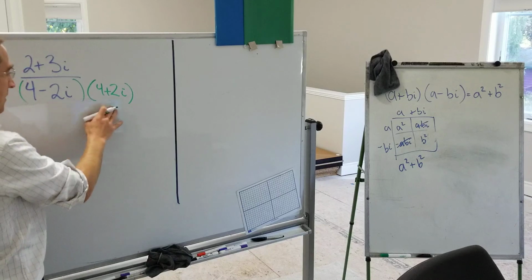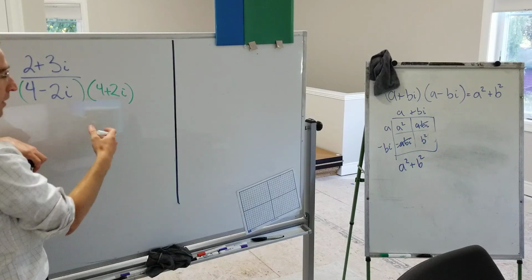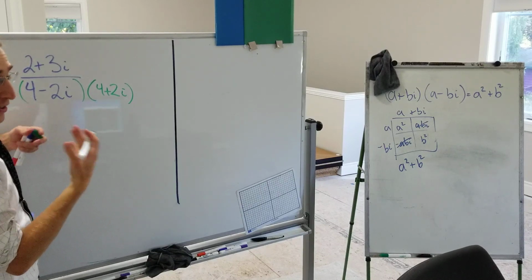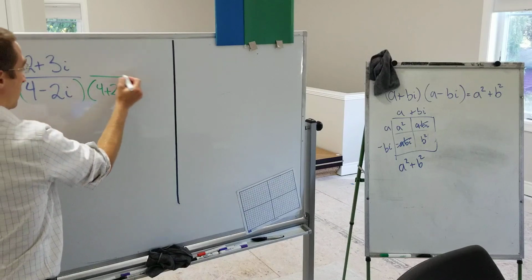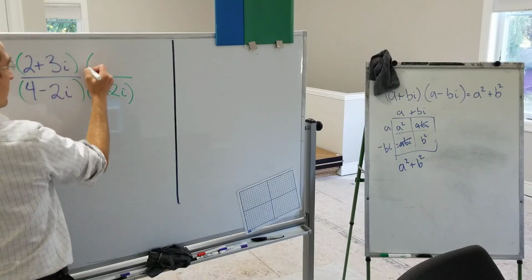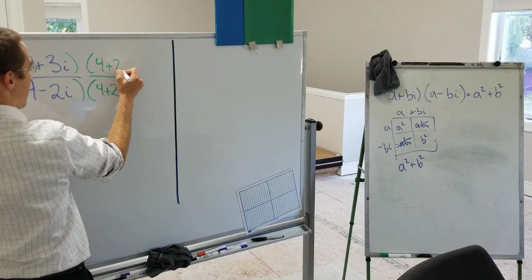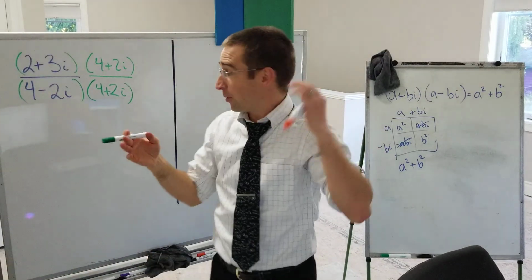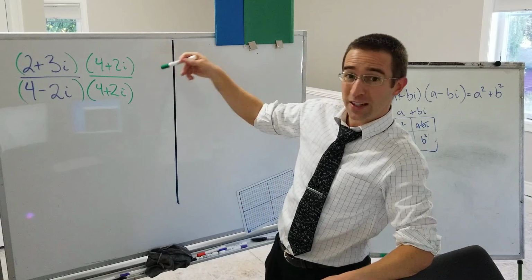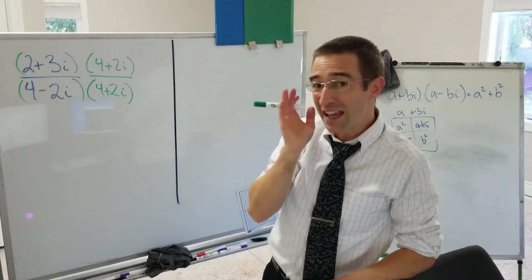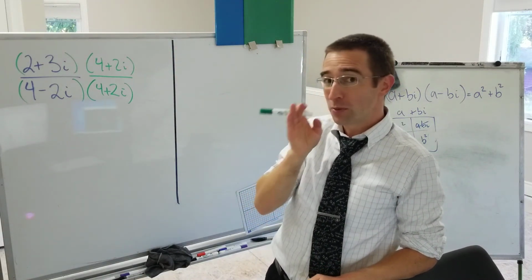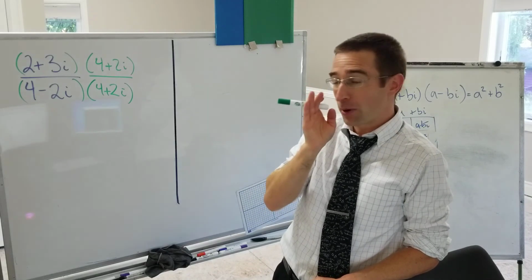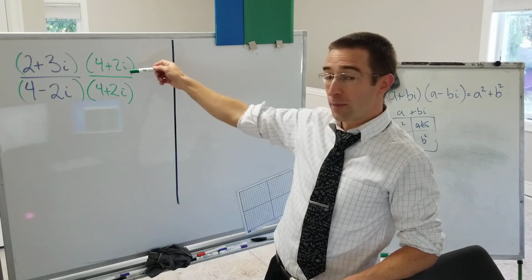Now I'm multiplying the denominator by 4 plus 2i, which is going to make the denominator a different value than what it was before. So I need to multiply the numerator by 4 plus 2i, because anything divided by itself, even a complex number with a non-zero imaginary part, is just 1.